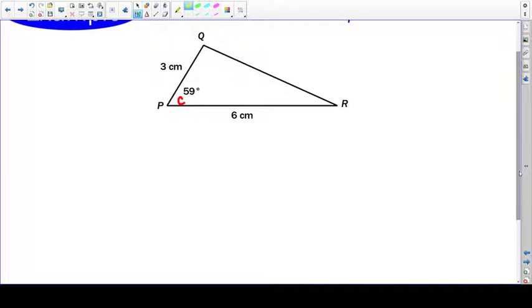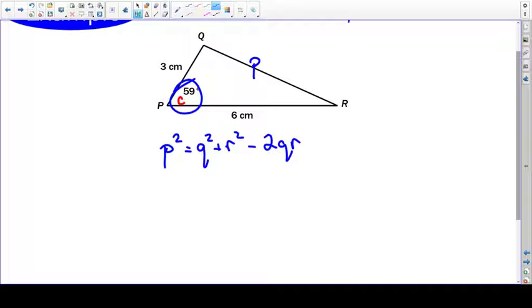So here we're looking for little p, and we know angle P. So when we write out our cosine law, we'd write out the p's on the opposite ends of the formula. So it'll be little p squared equals little q squared plus little r squared minus 2 times q times r times the cosine of angle P.